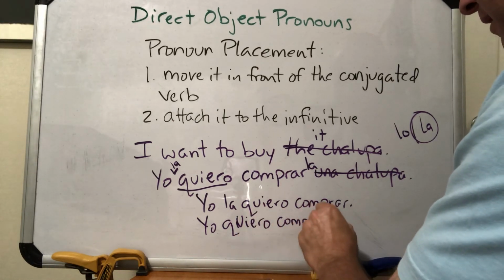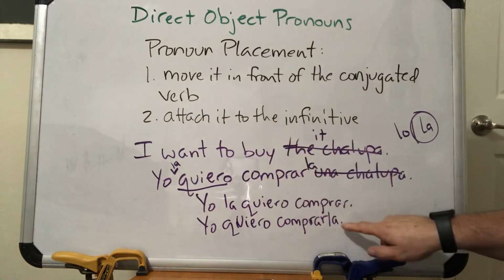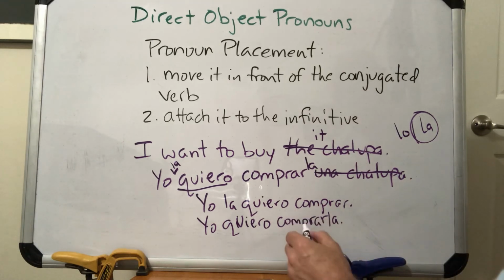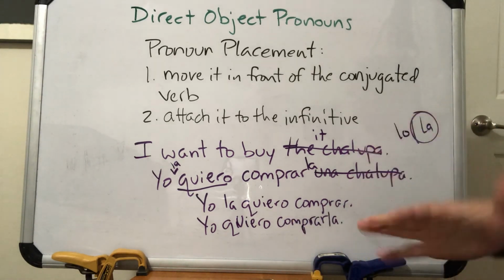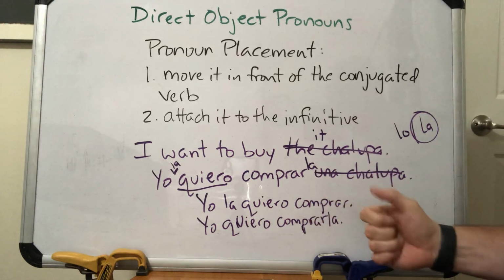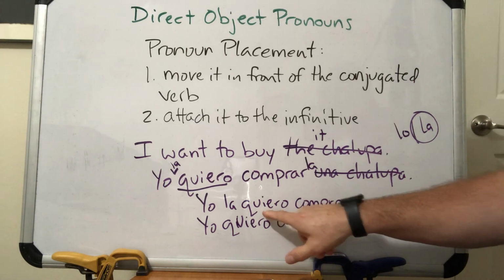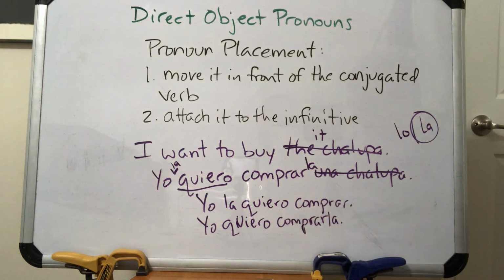Now notice it does say to attach it, and so it becomes one word. Comprarla. Okay? So those are my two ways. And again, a lot of times you won't have the option. But this one we do because we have a conjugated verb and we have an infinitive in there. Okay? So either place is fine. All right. That's it for direct object pronouns.